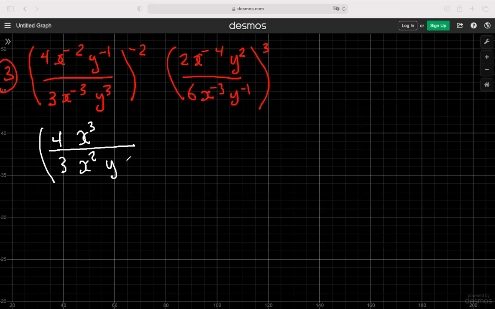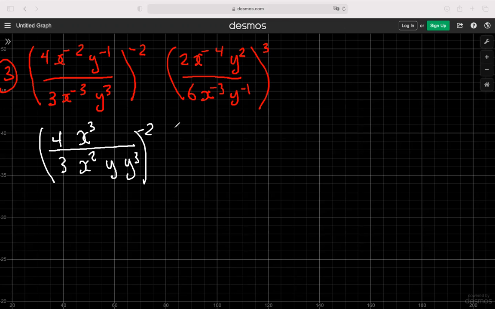And this y cubed has a positive exponent, so it just stays what it is. So what I'm trying to tell you here is when you have variables with negative exponents, you can just switch them from top to bottom or bottom to top, and that will change the exponent to positive. So that's what I did with this, and this, but everything else stayed what it is because this here has a positive exponent.